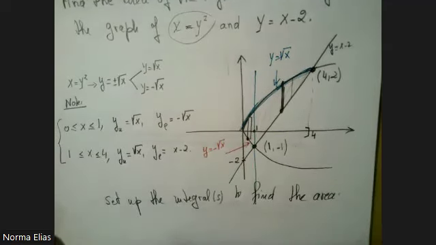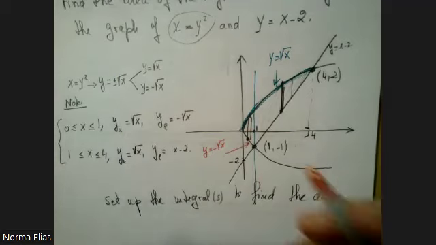What do you think I have to do to find the area? Set up an integral from 0 to 1, and add another from 1 to 4. Absolutely correct. We have to add the integrals.